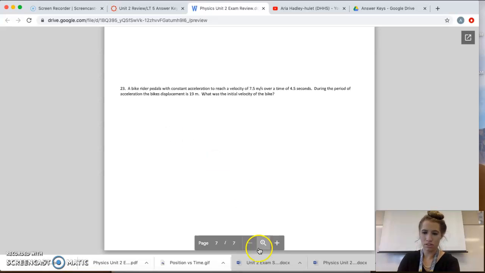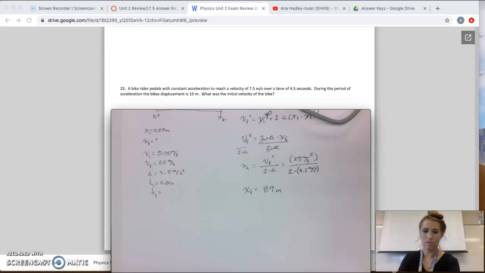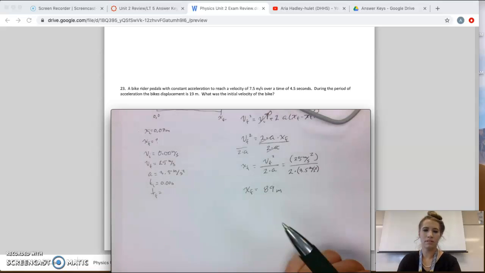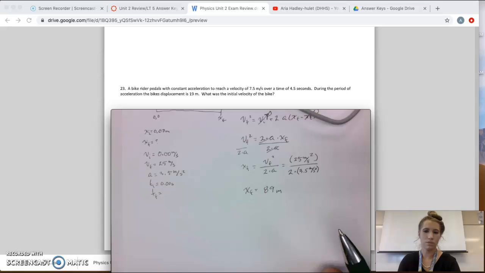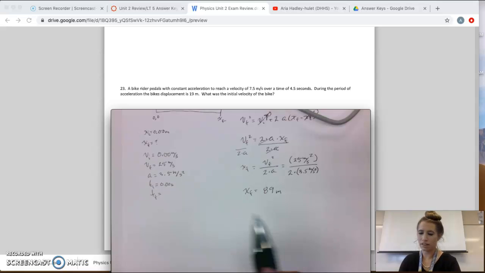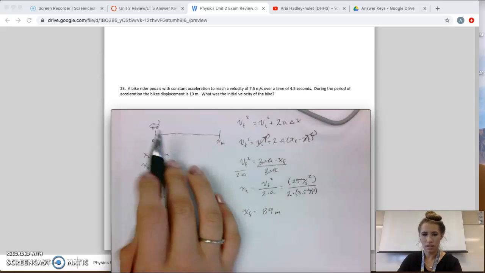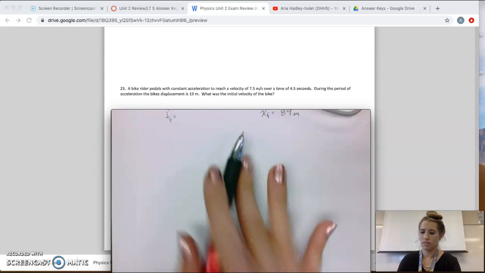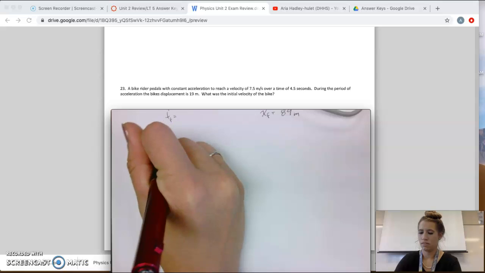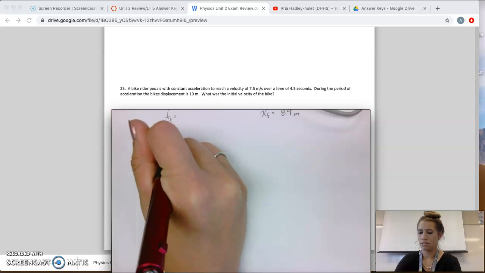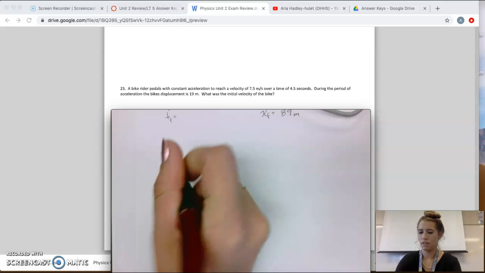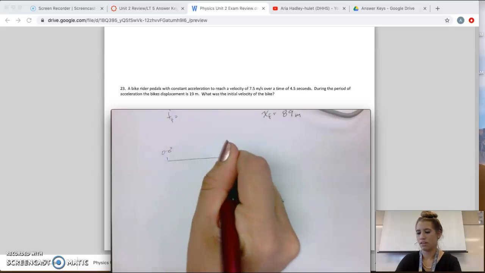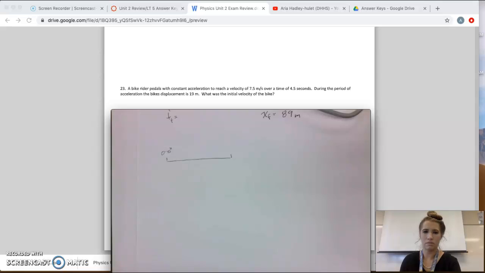Okay, so a bike rider pedals with a constant acceleration. So this is another just very simple image where we have our bicycle, okay, and we're starting at some point and then we're covering some distance.